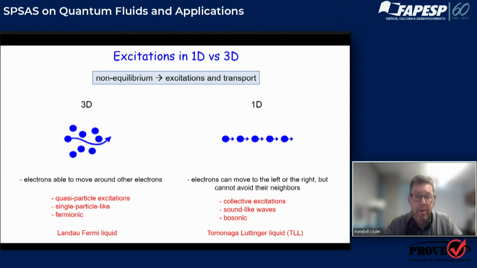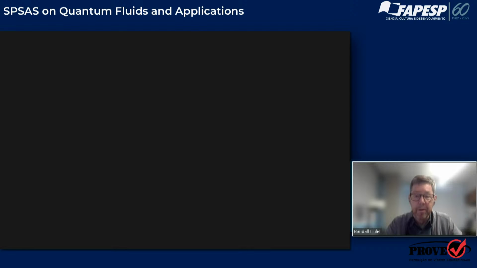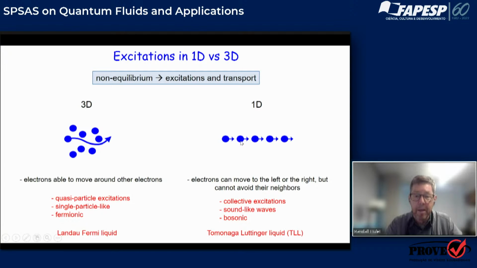the strong correlations become particularly pronounced. So in 1D, unlike 3D, if you have an electron that is moving, it has only one way to go, or it has two ways to go. It can go to the right or to the left. And in this picture, if this electron goes to the right, it inevitably will come upon another electron, and they can't avoid their neighbors.